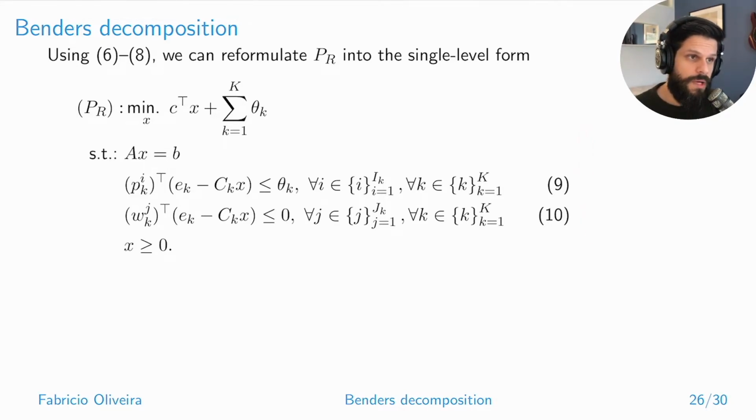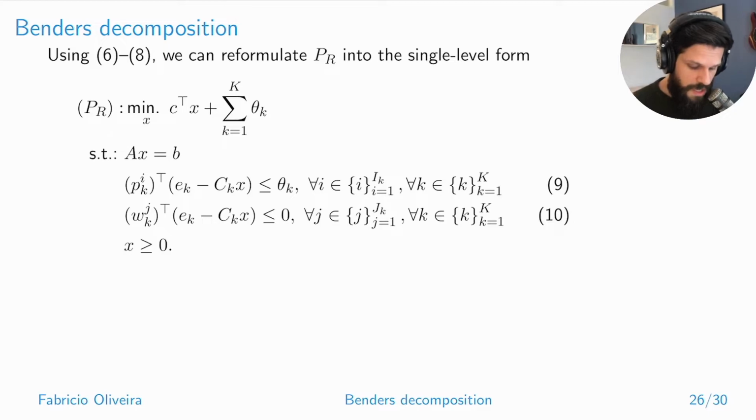So now look what I have. I have a problem that is only dependent on x, it doesn't depend on the y's. And the reason why it doesn't depend on the variables y anymore is that the subproblems have become implicitly represented by their extreme points and extreme rays.